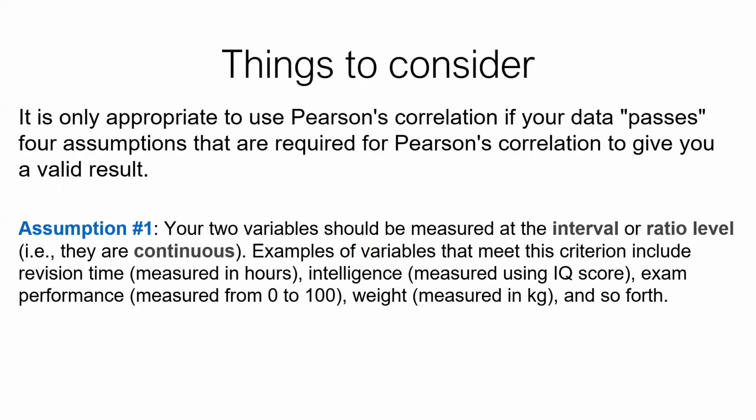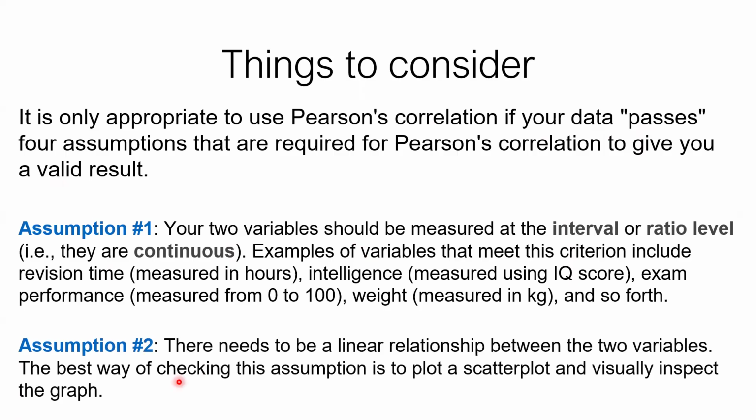For assumption number 2, there needs to be a linear relationship between the two variables. And how do we determine if there is a linear relationship between your two variables? The best way of checking this assumption is to come up with our scatter plot diagram, and we're going to visually inspect the graph to see if indeed there is a linear relationship existing between the two variables.